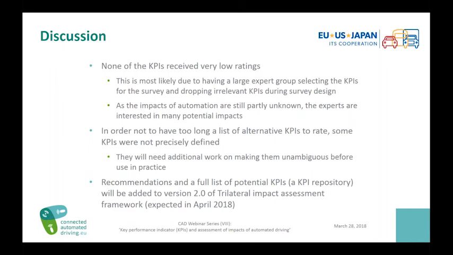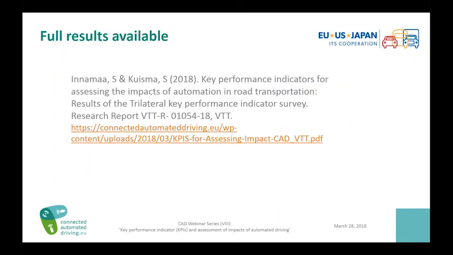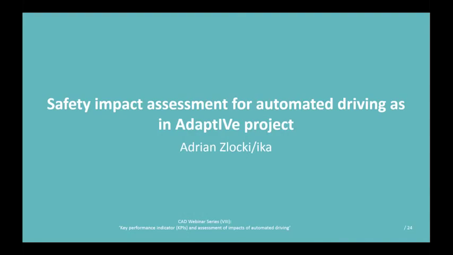So harmonization will be needed even after this, but this gives more indication of those KPIs that could be utilized and which should then be worked on further. And as already has been mentioned, that will be in version number 2 of this trilateral impact assessment framework that will be published in April, now in a few weeks' time.